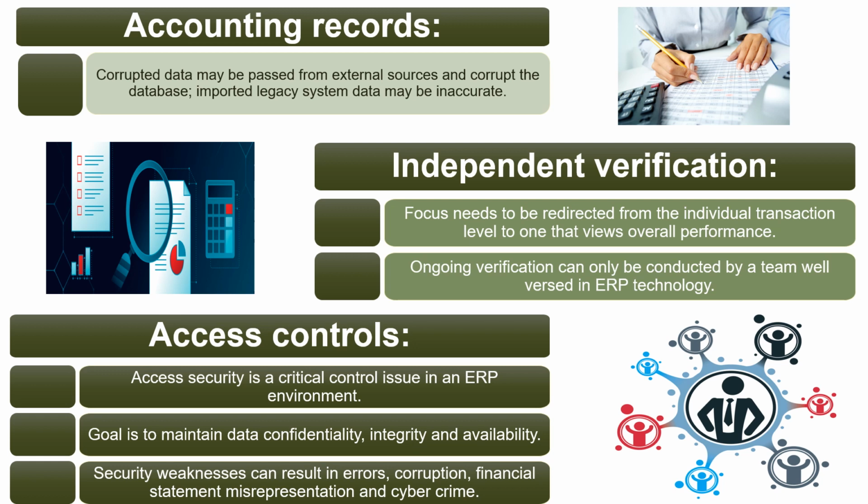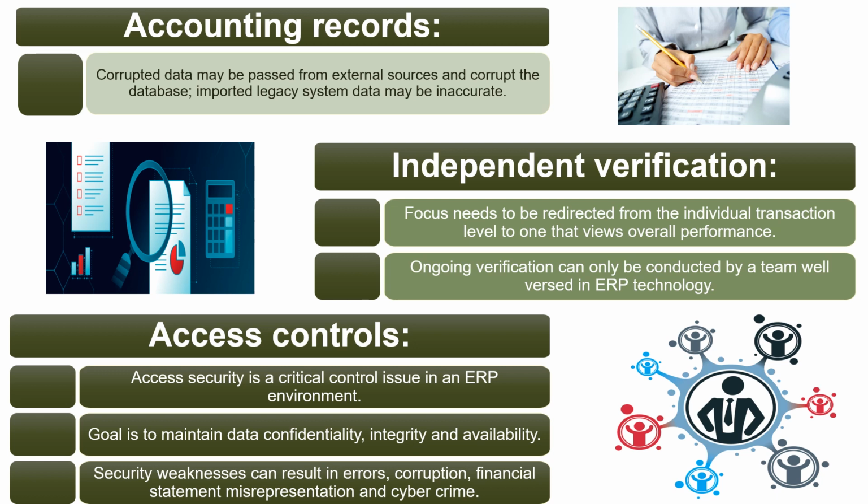And then we have access control, which is one of the cornerstones that will be affected by implementing the ERP system. The first, access security is a critical control issue in an ERP environment.